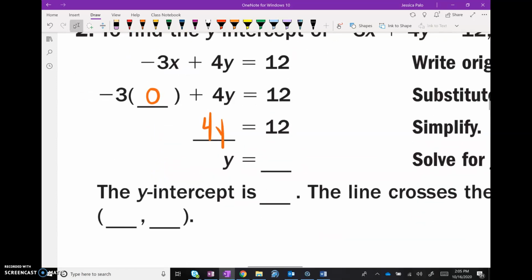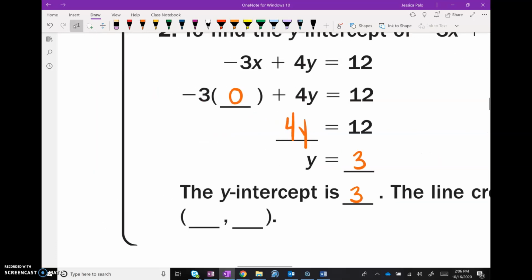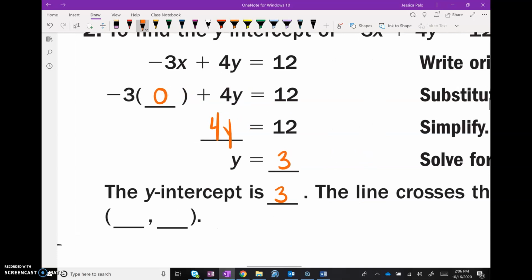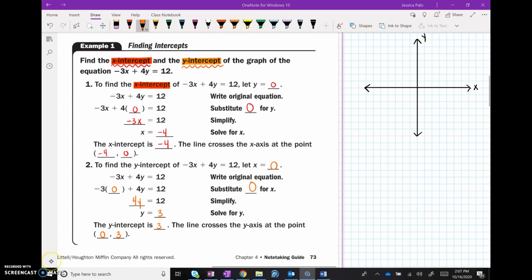Now we would solve our one-step equation by dividing by 4 on both sides, which gives us y equals 3. The y-intercept is 3, so that means the graph of our line crosses the y-axis at the coordinate 0, 3.